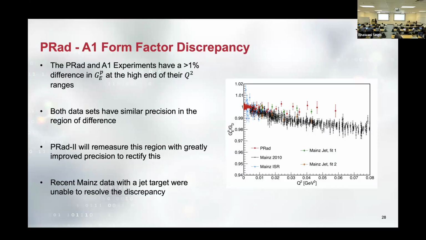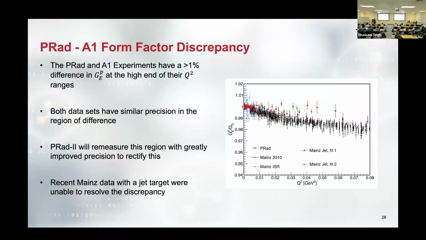MINES has a lot of points, but one thing to caution, because you may look at this and say, okay, that's a lot of points that show a clear trend with smaller uncertainties, especially if you were to fit that. The MINES extraction is a little bit more model dependent. Their results required a magnetic form factor input and were not at as small of an angle as PRAD. And so the systematics from the magnetic form factor contribute substantially more.